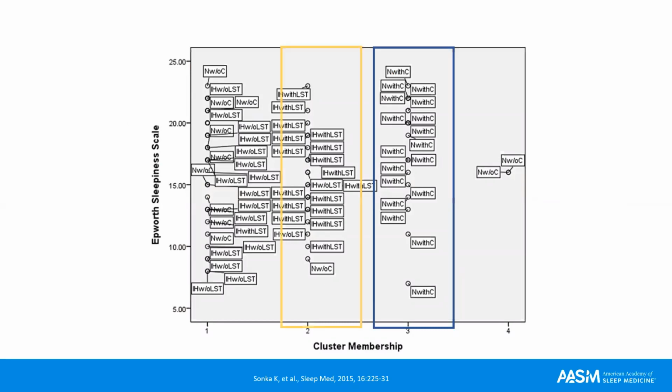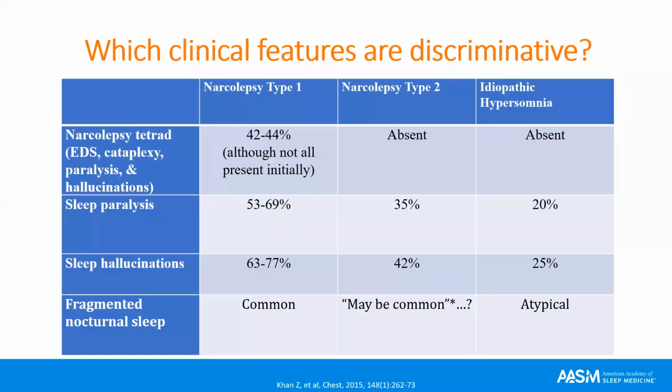There's a very clear cluster that captures almost all of the idiopathic hypersomnia patients who habitually sleep at least 10 hours. And then there's this cluster here that captures the idiopathic hypersomnia patients who sleep less than 10 hours and the narcolepsy without cataplexy patients. And so again, there's some overlap in symptoms there, especially between the narcolepsy without cataplexy and idiopathic hypersomnia without long sleep time, that can make that distinction difficult, if not perhaps impossible.